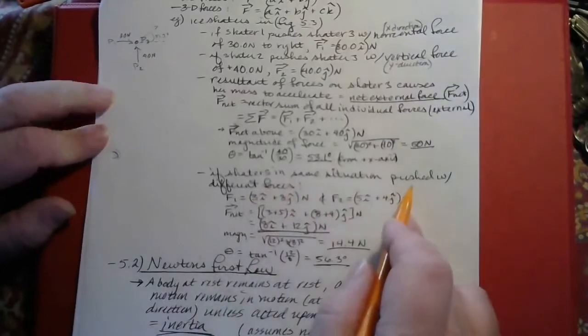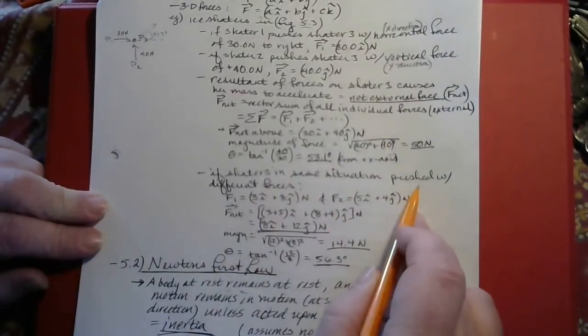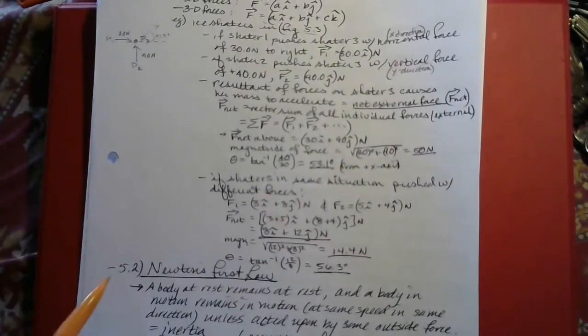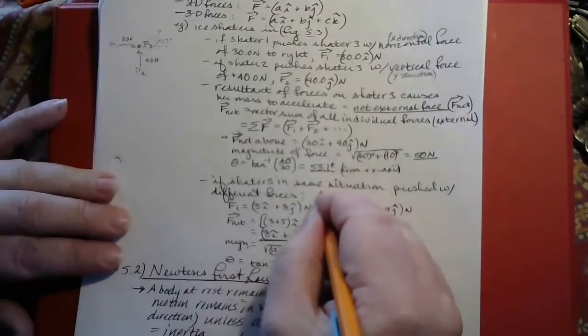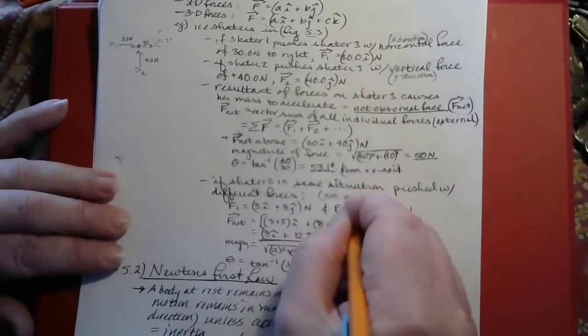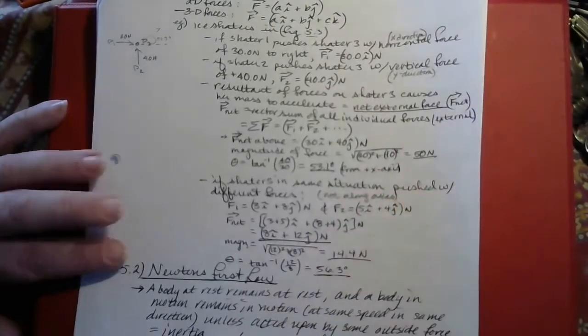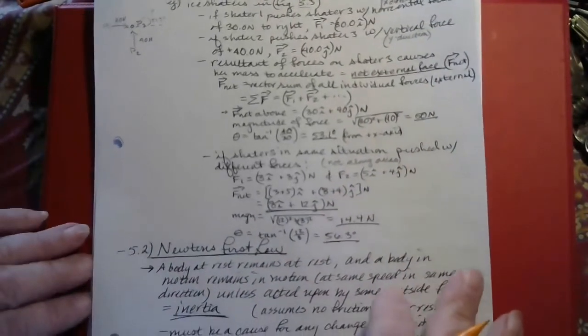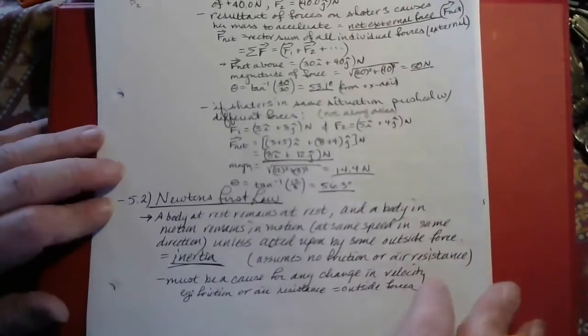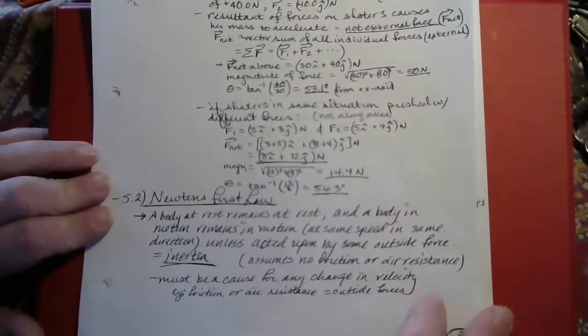If the skaters were in the same situation and were pushed with different forces, say their forces are not along the axes, then you would just add the vectors the way we normally do. Add the i terms and add the j terms.